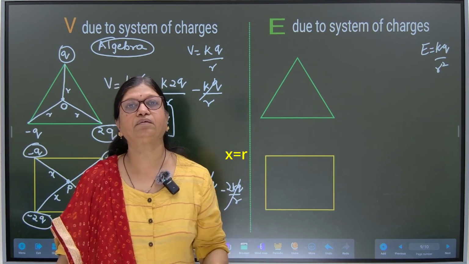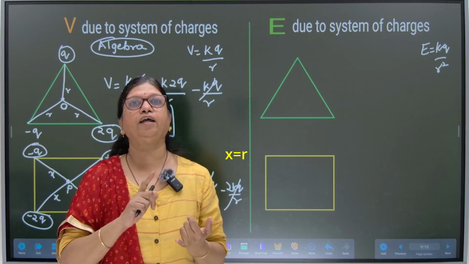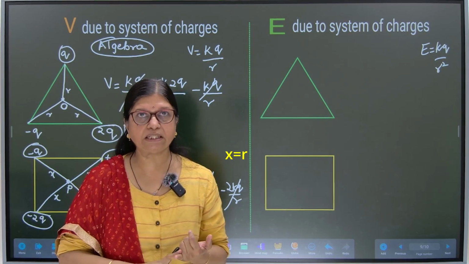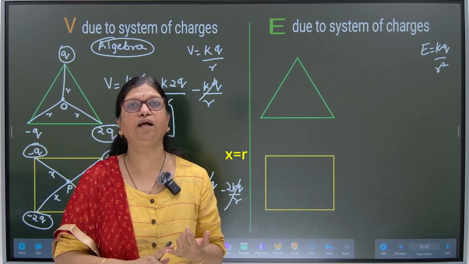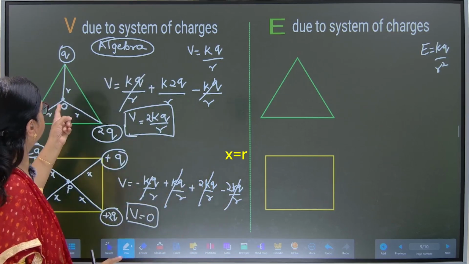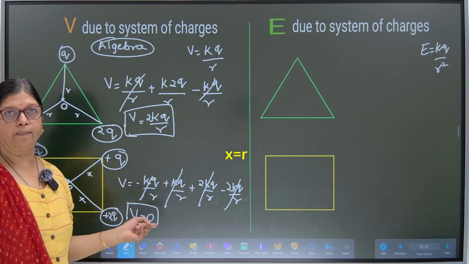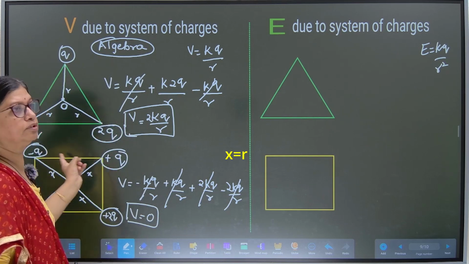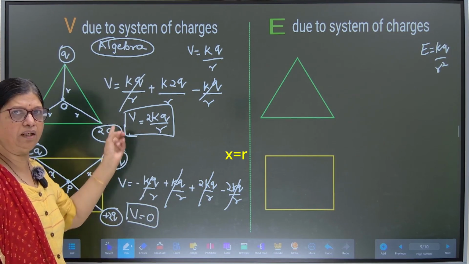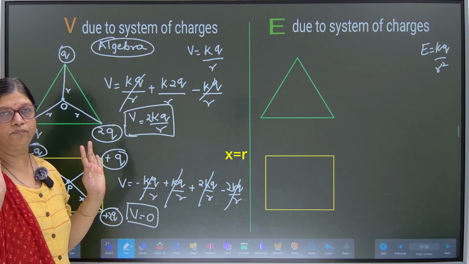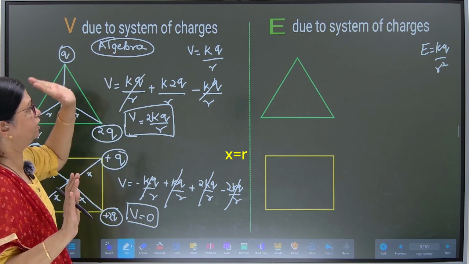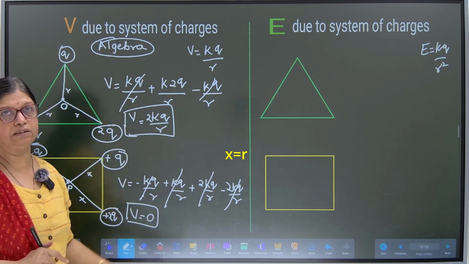That type of addition I have to do when the question asks for the potential at a point O or at the point P for the system of charges 3 or 4. What should I find out? The potential by this method, adding algebraically.